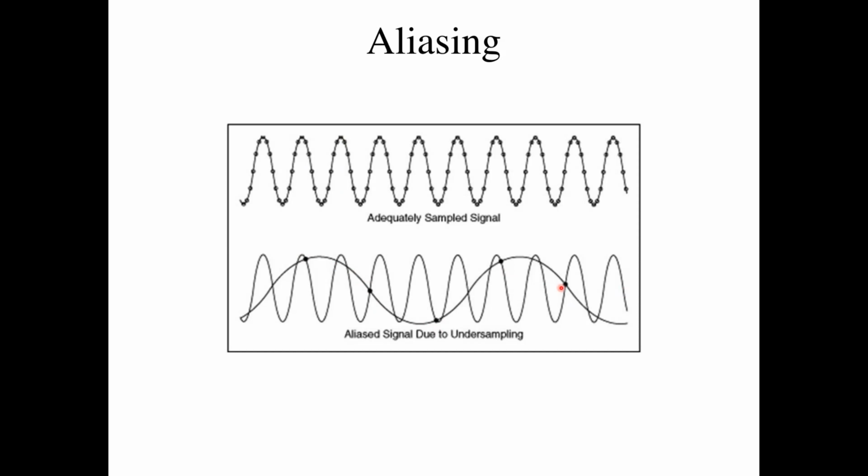Right, so this is a sort of a visual demonstration of what aliasing is, and that is if you're not sampled with high enough rate to sample a specific frequency, that frequency, if it's in your signal, will give you amplitude at a lower frequency.